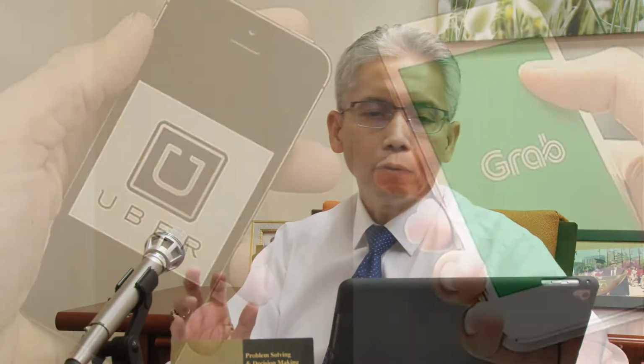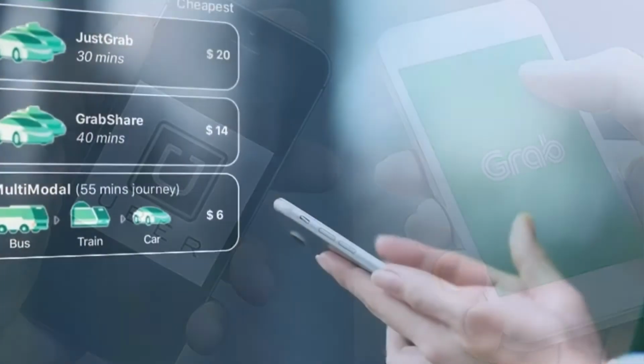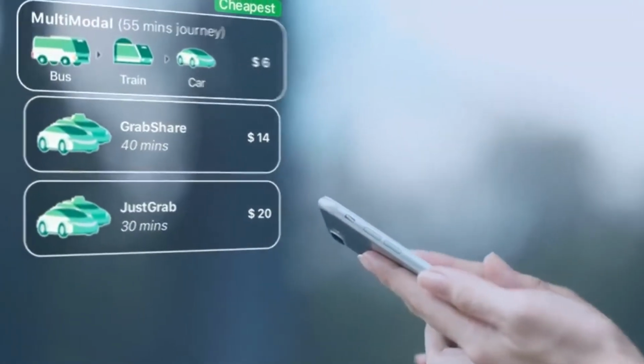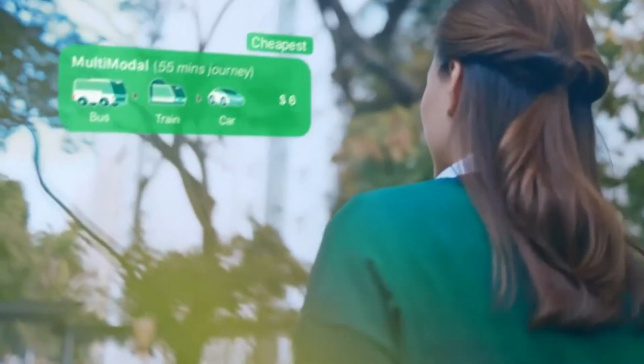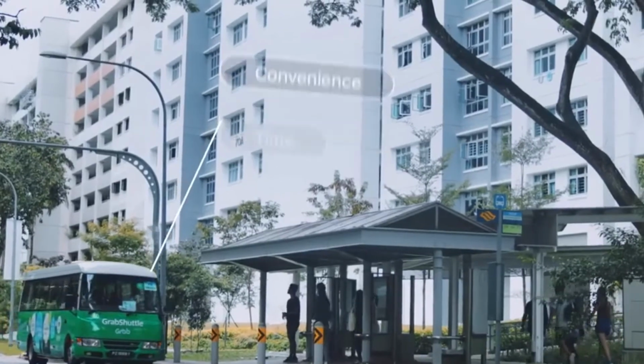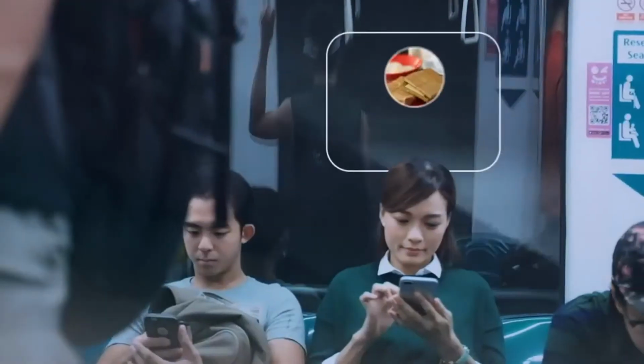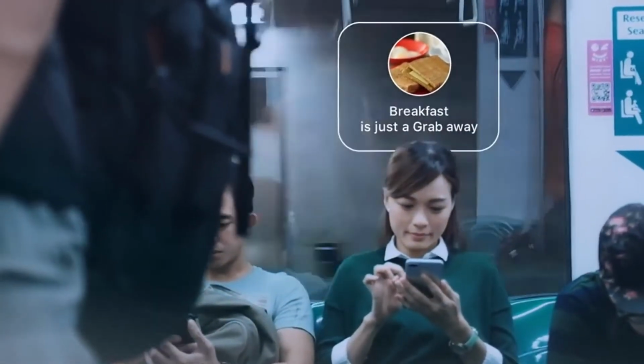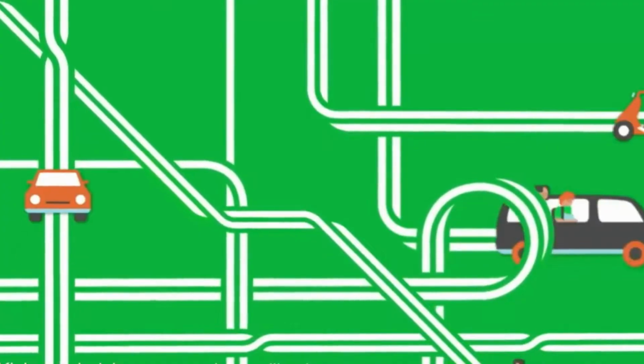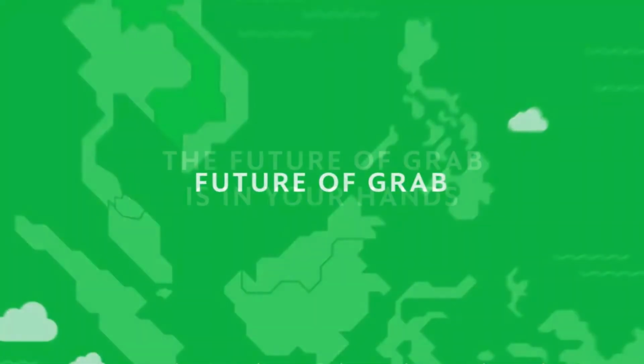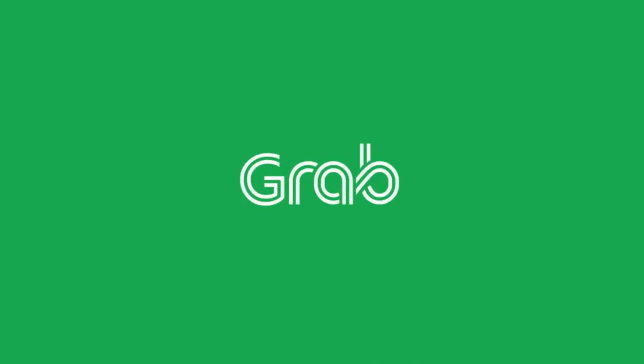We can see a simple example in the introduction of applications such as Grab or Uber, where the physical system, the human being, the taxi, and the roads or highways are translated into the virtual world.